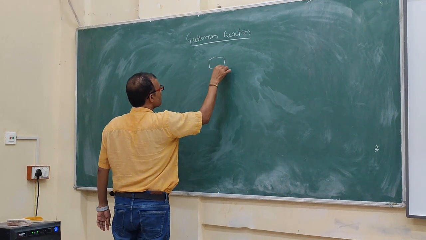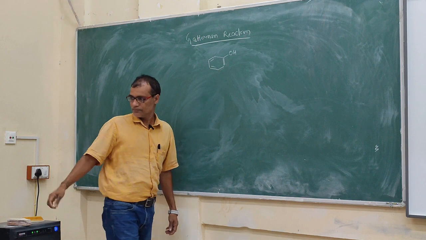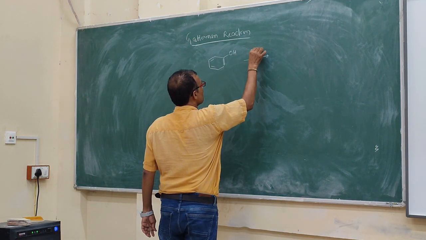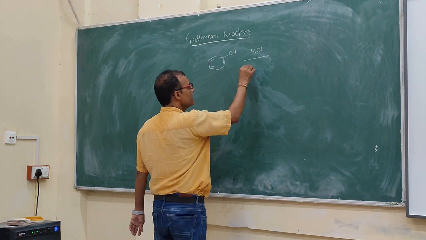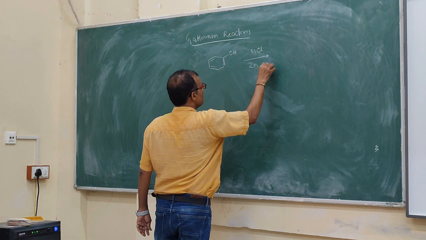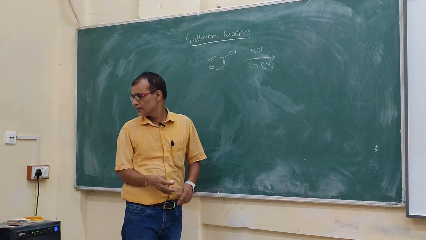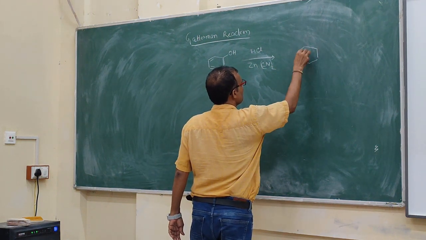First you take phenol, in presence of HCl, hydrochloric acid, and zinc cyanide. So the formylation occurs at the para position to the hydroxy group.